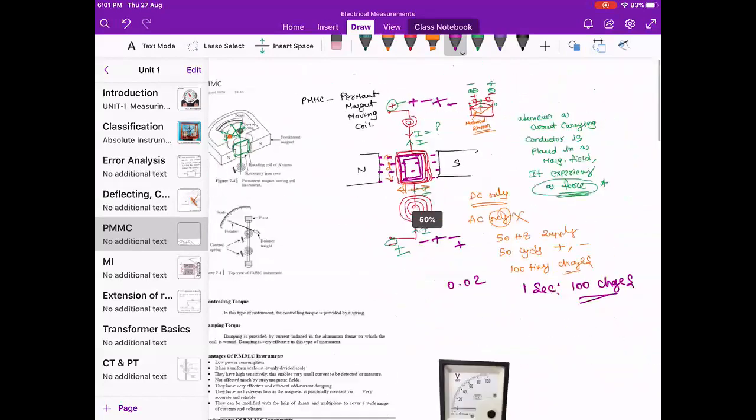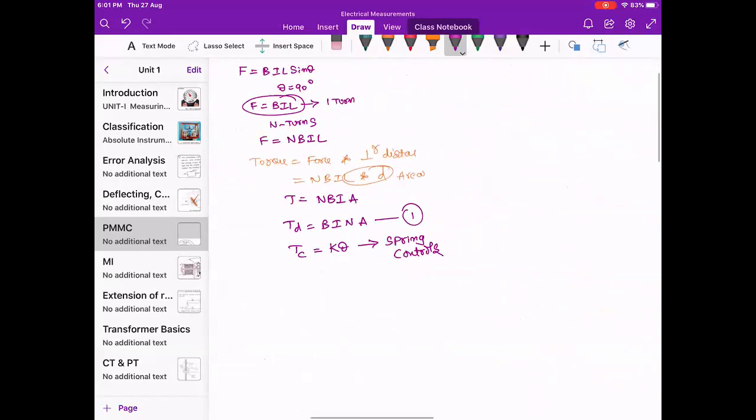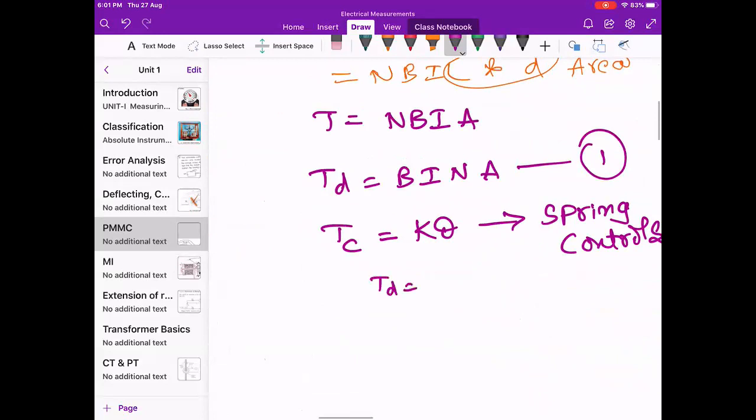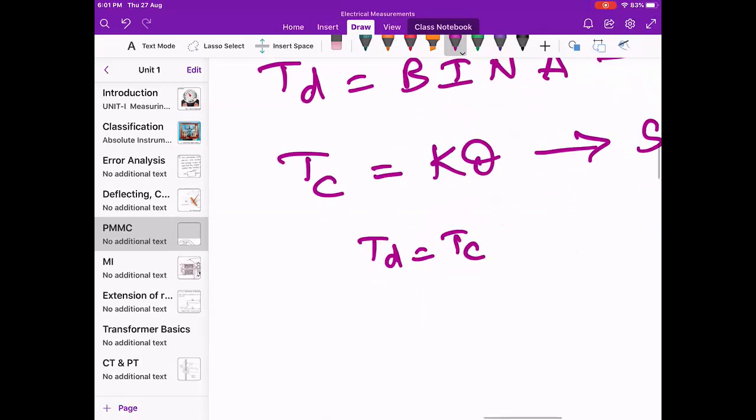Here it is spring control. That's why, for this expression, what is the condition to be satisfied? TD is equal to TC. How do you satisfy this one?